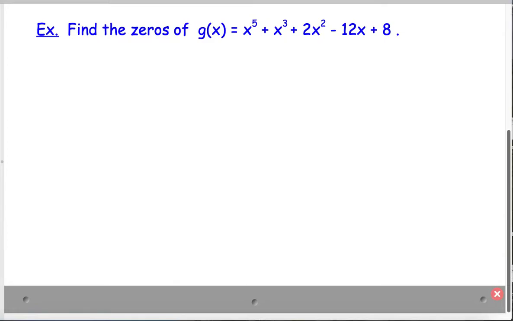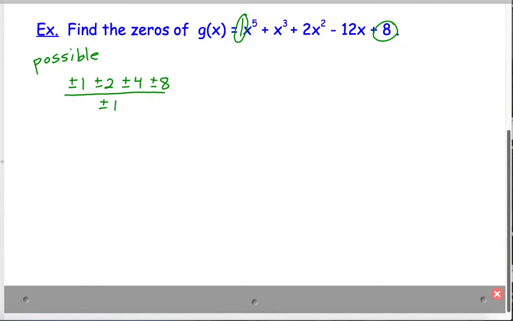So factoring is probably not going to be very helpful, but let's use some of the ideas that we've learned. I know by looking at that 8 and the coefficient of x to the 5th being 1, my possible real roots are going to take on the form plus or minus 1, or plus or minus 2, or plus or minus 4, or plus or minus 8, all over plus or minus 1.